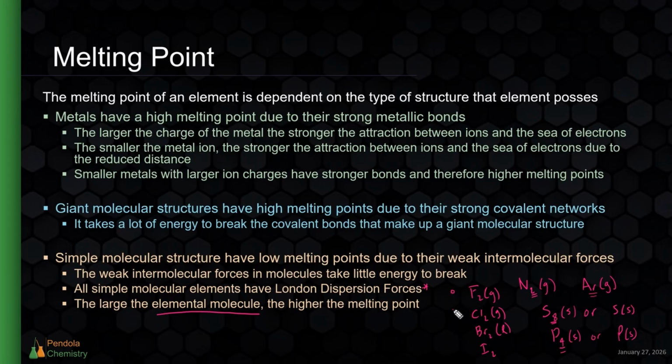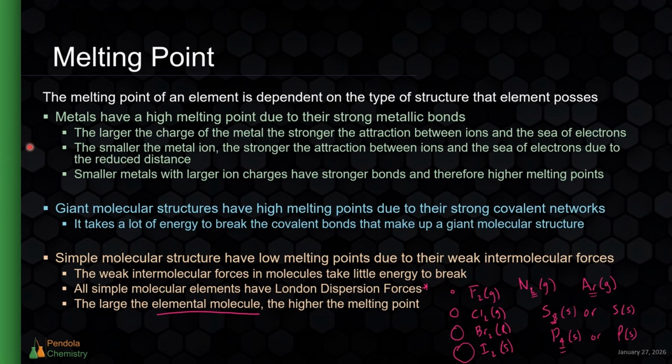As we go down the group, the atoms of the halogens get larger and larger, and their melting points get higher because the London dispersion forces are stronger. So bromine is a liquid, and even I2 is a solid at room temperature, because the iodine atom is so large, it creates really strong London dispersion forces, which give it a really high melting point compared to the other molecular compounds.